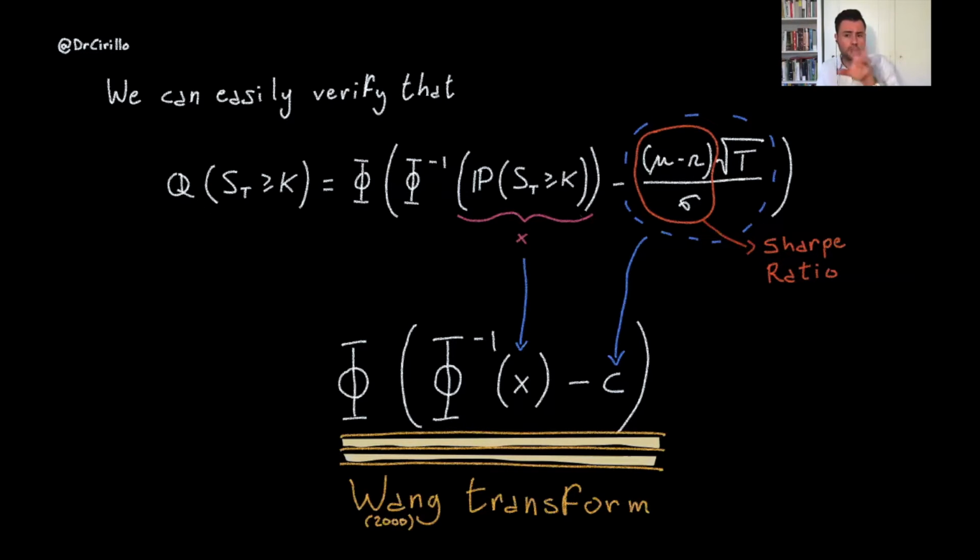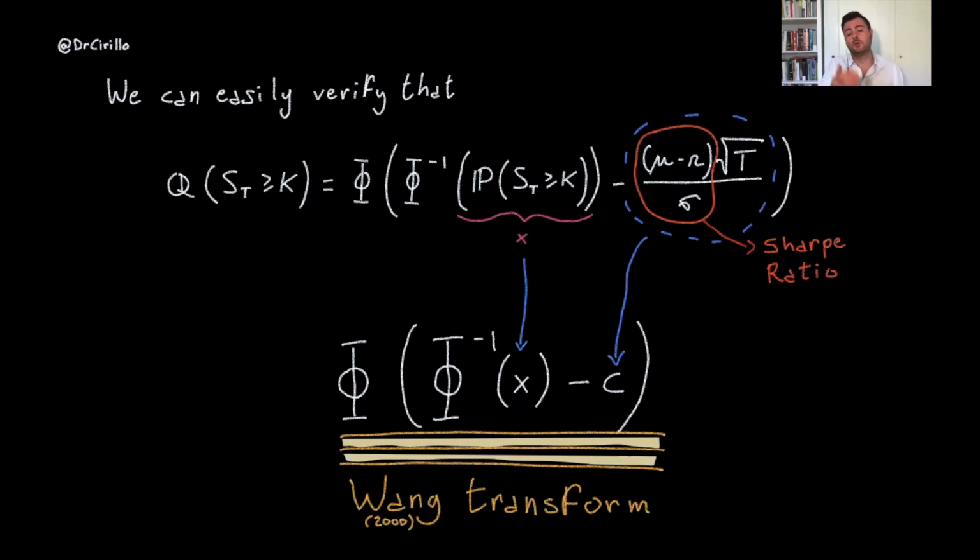Now the Sharpe ratio, since we're assuming mu to be larger than r, otherwise, again, I repeat, it will not make any sense to invest in the risky asset. Since mu is larger than r, the quantity that I called here C in the slides is positive. So I'm taking the CDF of the normal computed in the quantile of the normal minus a positive quantity.